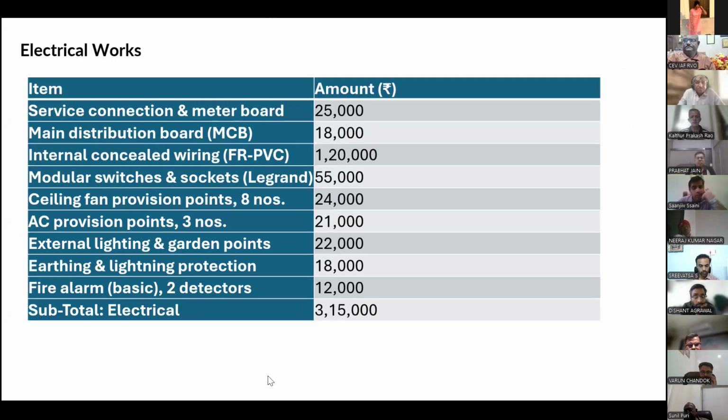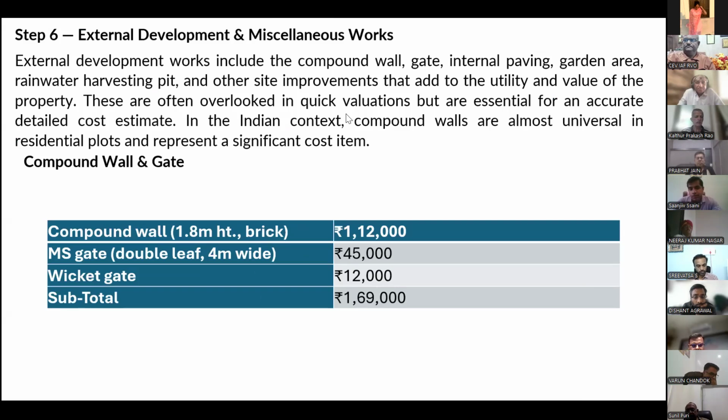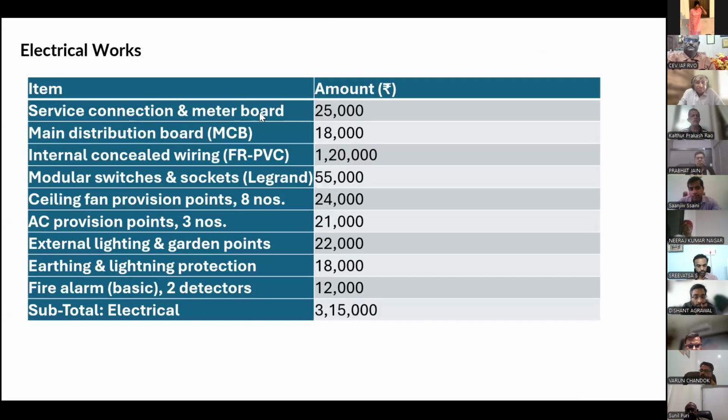Then similarly for electrical works: service connection and meter board, etc., 25,000, including security, etc. Then main distribution board MCB, 18,000. Internal concealed wiring, 1,20,000.